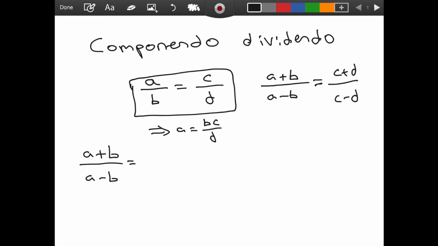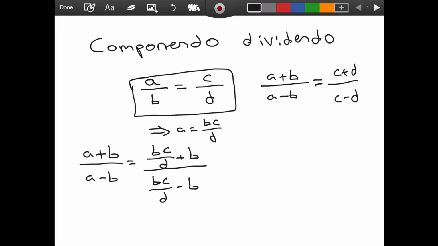We just multiply both sides by B and we get that A is equal to B times C over D. So now we substitute this into our equation to get BC over D plus B, and yep, this is a minus.